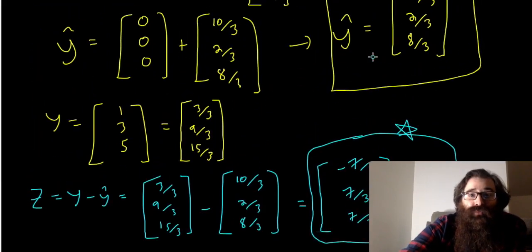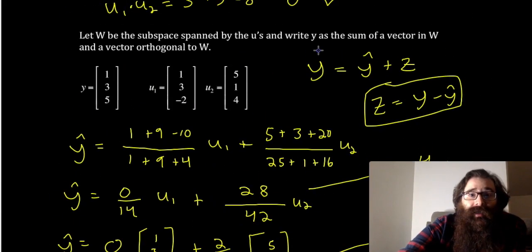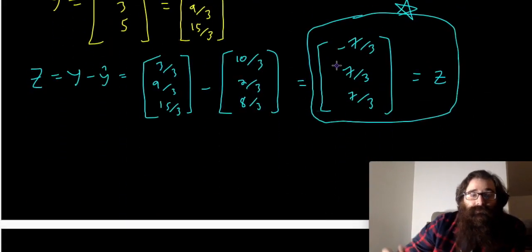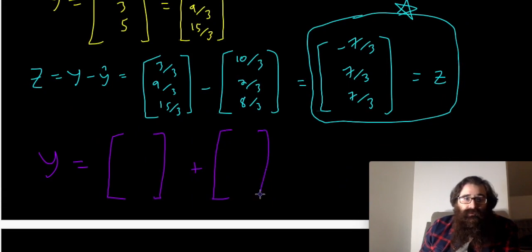I just have enough room to write down at the bottom, in purple, that I can write y as the sum of two vectors. One vector is in subspace W, the span of vectors u1 and u2, and the other is a vector that's orthogonal to W, and that means that y is y hat plus z. So y is equal to some vector y hat plus z.